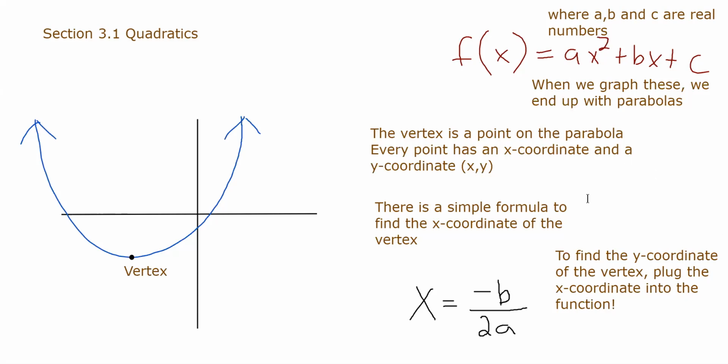All right, so lots of stuff coming at you here. Let's take a moment. Let's wipe the screen. Breathe for a second. All right, let's try this out. Let's find the vertex of, let's give you a function here.